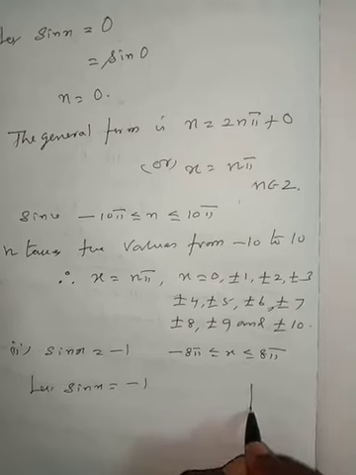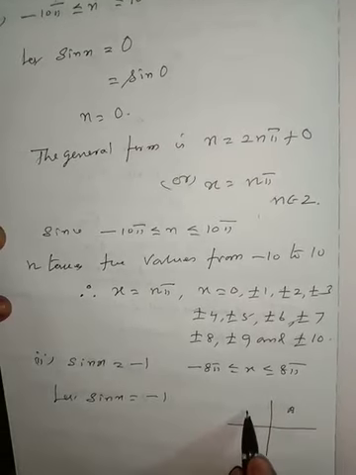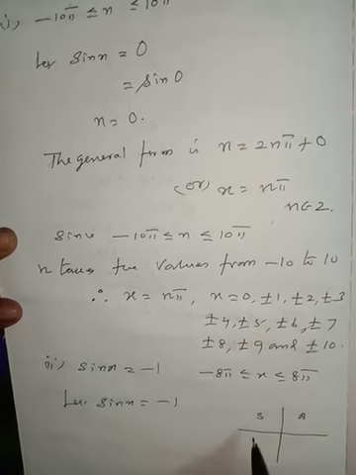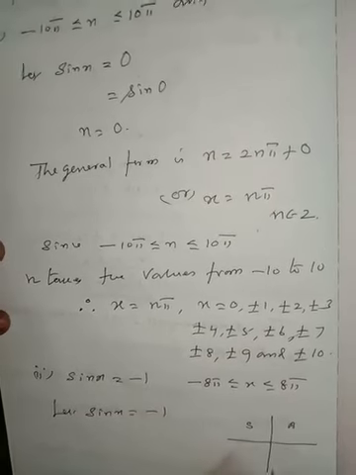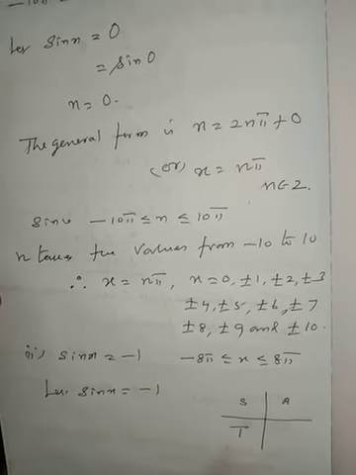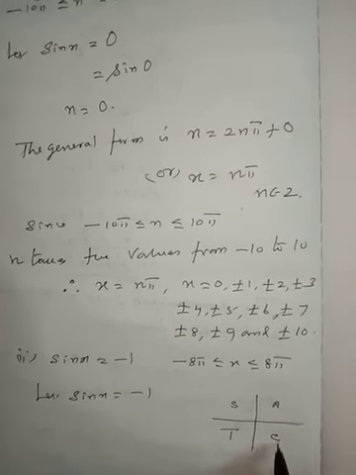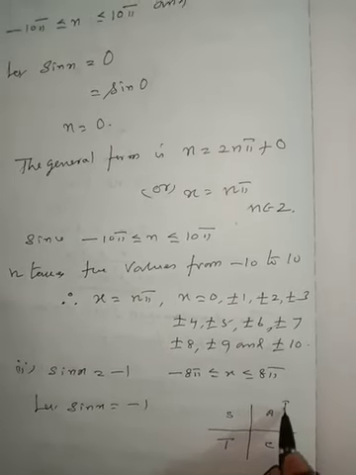Now in the first column all are positive; in the second column sin and its reciprocal cosecant are positive; in the third, tangent and cotangent are positive; cos and secant are positive in the fourth column.